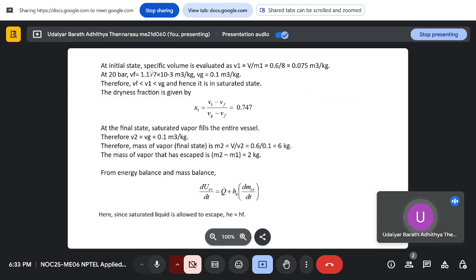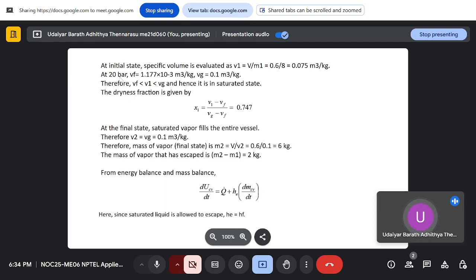At the initial state, the specific volume v1 is V by the initial mass. The volume is 600 liters, that is 0.6 meter cube, divided by the initial mass of 8 kg. That gives the specific volume of 0.075 meter cube per kg.